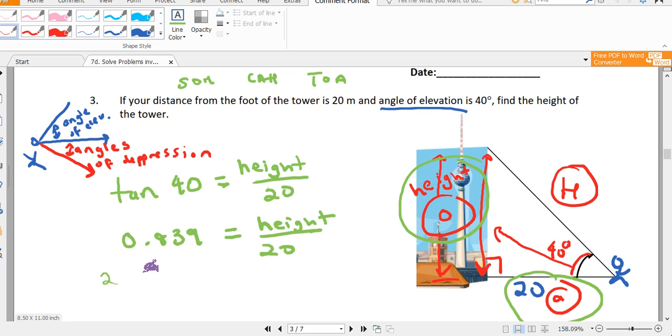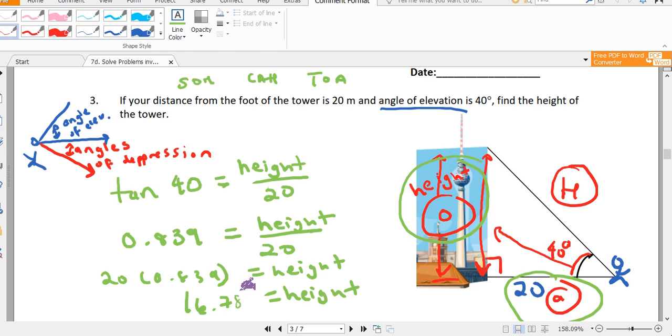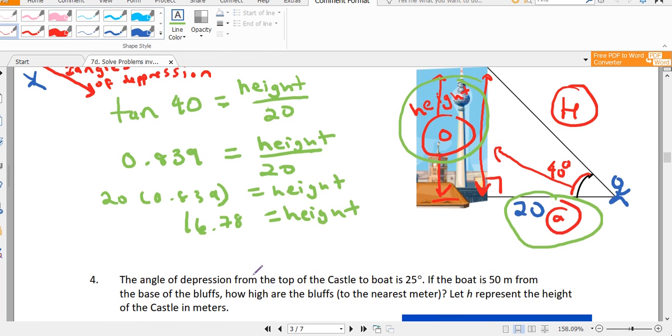So 20 times 0.839 equals the height. And then height equals whatever 20 times 0.839 is, 16.78. And this question is done.